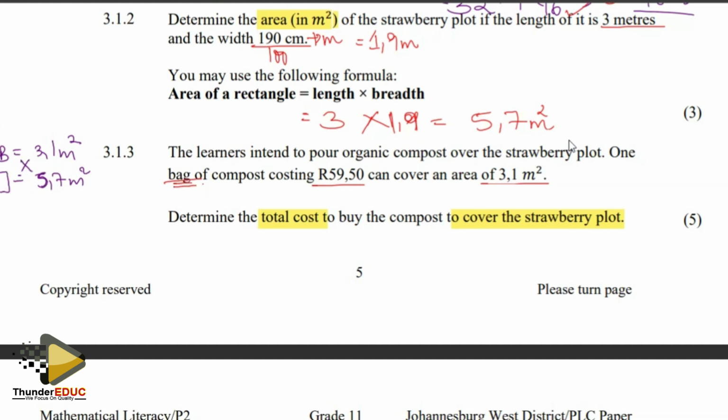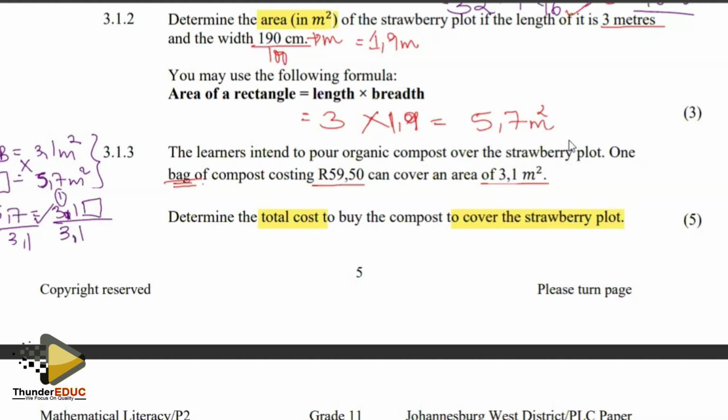Don't worry, we cross multiply. That means 5.7 equals 3.1 times the box. Because we want our box to remain on one side, we divide through by 3.1. I'm doing this so you understand, because some people ask, are we going to divide or multiply? I use this formula here. Doing this, you don't get a mark, but it will guide you on what to do. The marks will start from here.